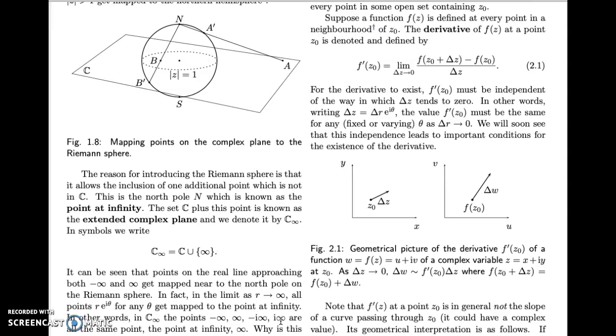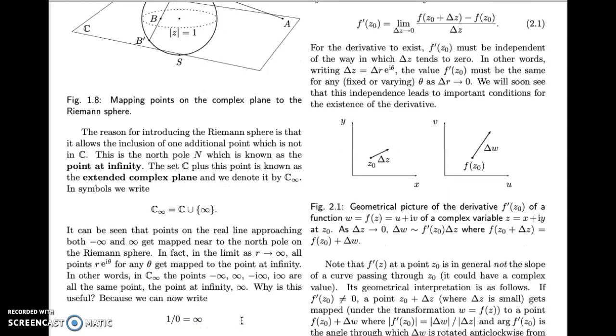All of these get mapped to the same point. So we regard all of these quantities, I don't really want to call them numbers, minus infinity, infinity, as the same thing, just the point at infinity, represented by the symbol infinity.